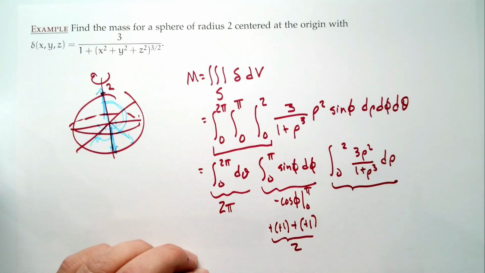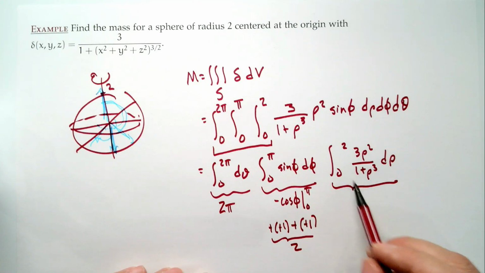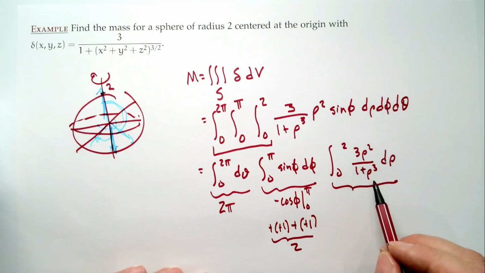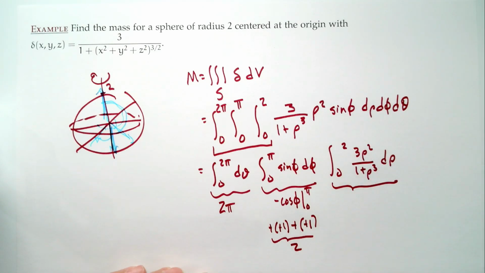Now we get to this integral. Is that integral something we can do? Yes. In fact, it's something which hopefully we can do in our head. Do you recognize it? If you did a u substitution, 1 plus rho cubed, what would happen? 3 rho squared. So it becomes like 1 over u.